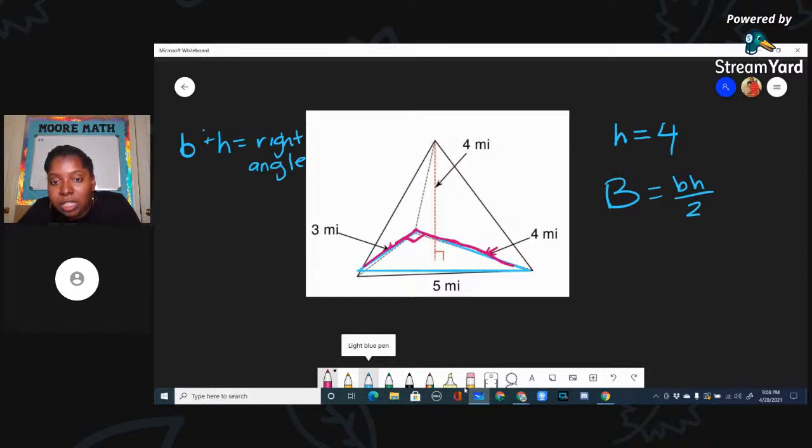Okay, so this pyramid they're using to trick you, and well, not trick you, but they really want to make sure that you know that the base and the height have to form a right angle. So it's only these 2 sides that we need to focus on. This 5, and they put it right in the front to make sure you're really confused.